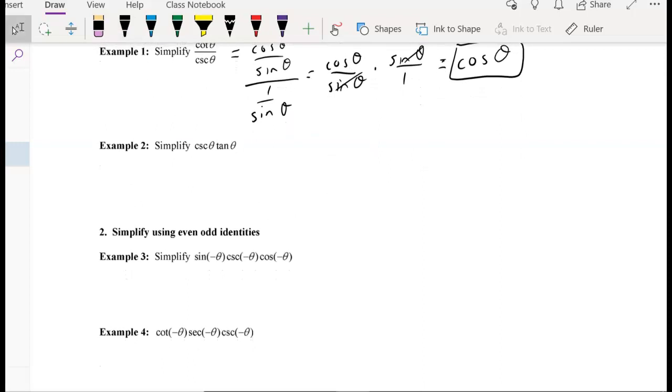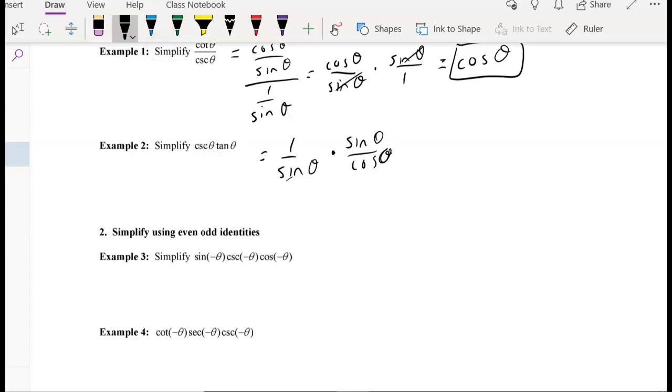So we are going to break both the cosecant and the tangent down into its pieces of sines and cosines. The cosecant is 1 over the sine, so this is 1 over the sine of theta. The tangent is the sine over the cosine, so sine theta over cosine theta. And we are multiplying when there's nothing there. It's just implied multiplication.